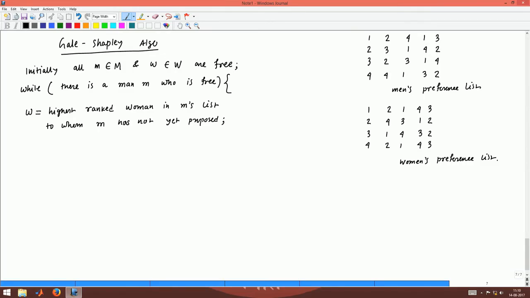So, you understand the definition of W. W is the highest ranked woman in M's list to whom M has not yet proposed. Now, if the woman W is free, then M and W become engaged.